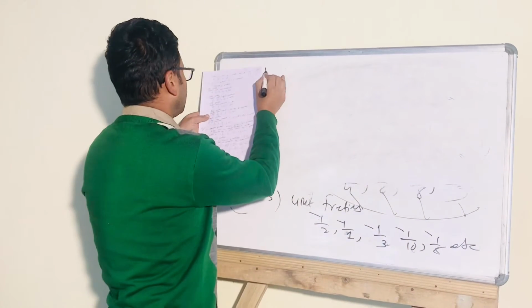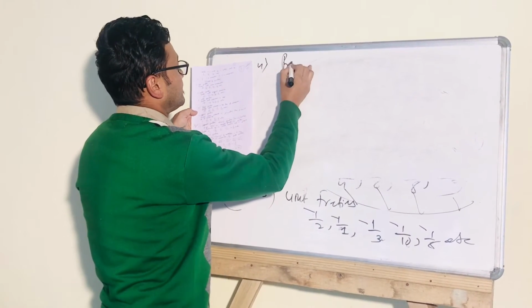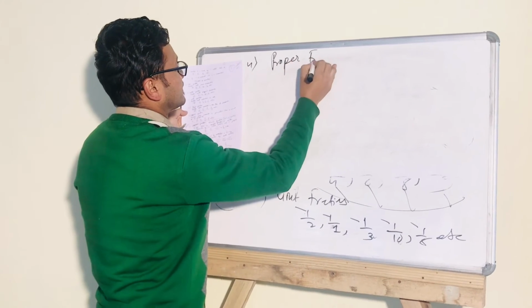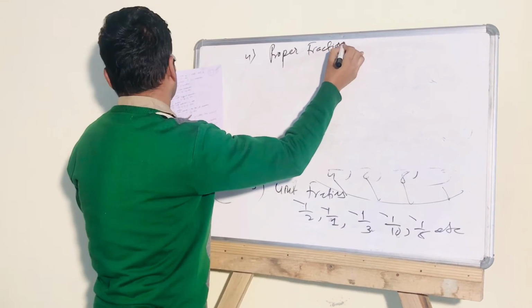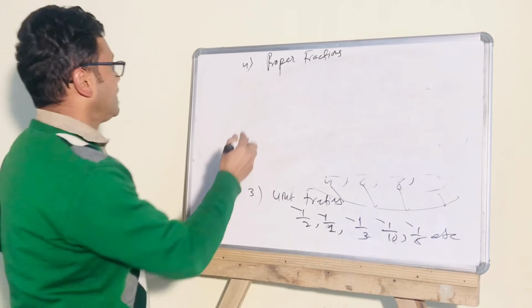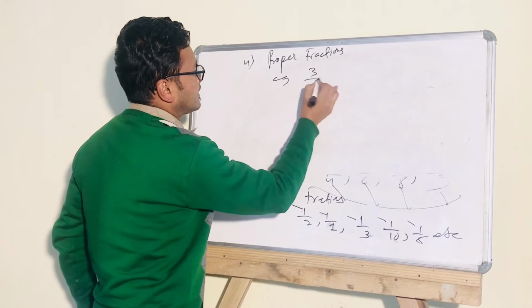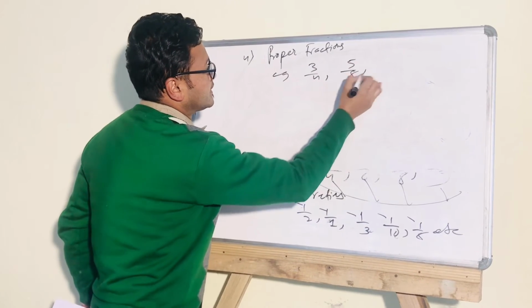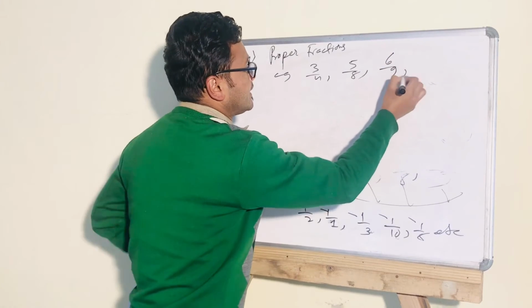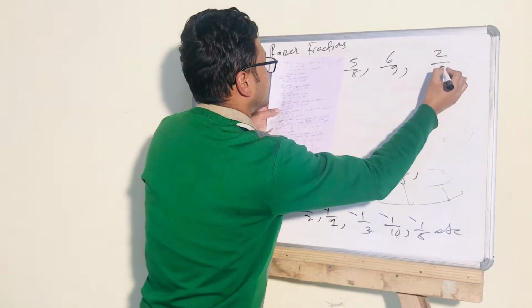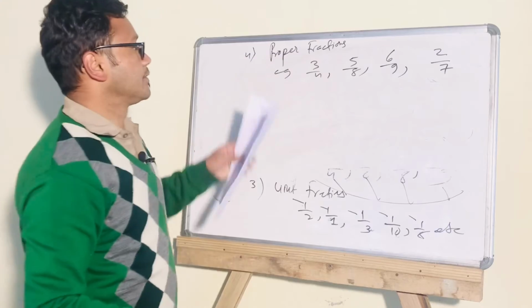Now number 4, proper fractions. Example: 3 by 4, 5 by 8, 6 by 9, 2 by 7. These are proper fractions.